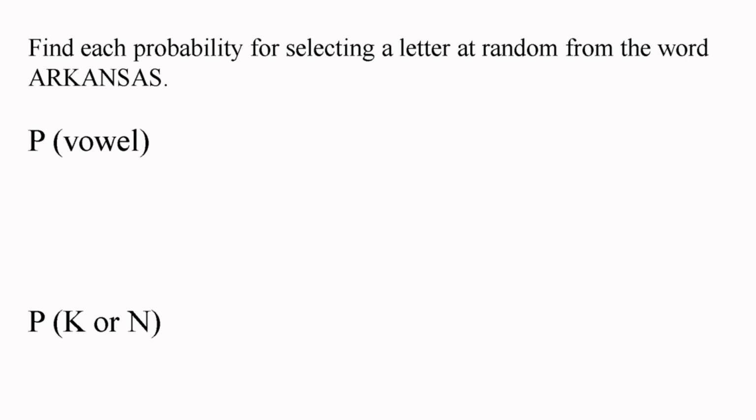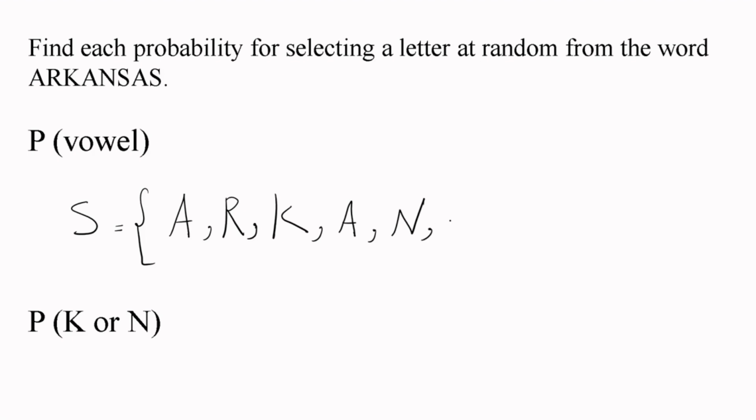We want to calculate P of vowel. Always start with writing the sample space. A, R, K, A, N, S, A, and S. Okay, let's specify the members which are vowels in the sample space.